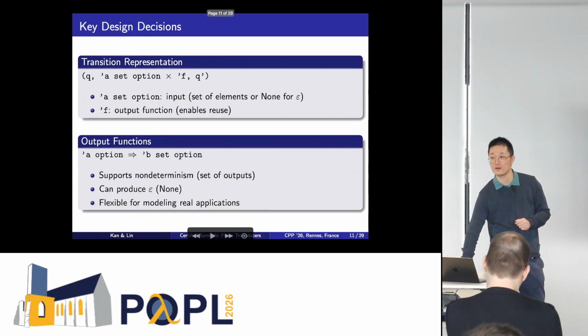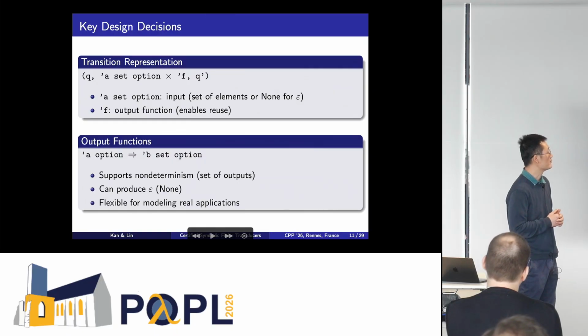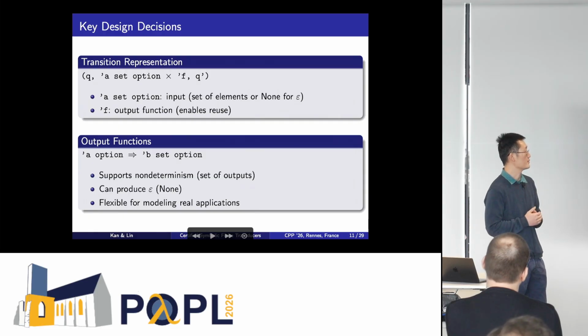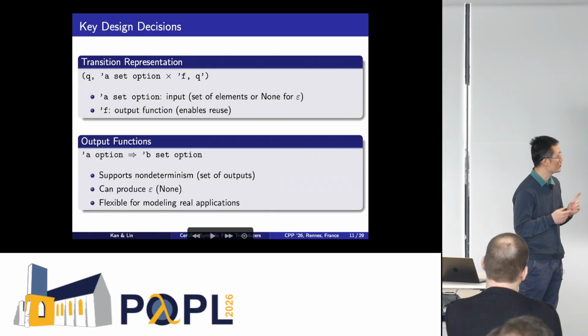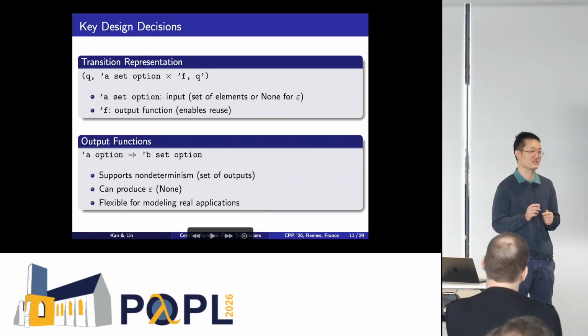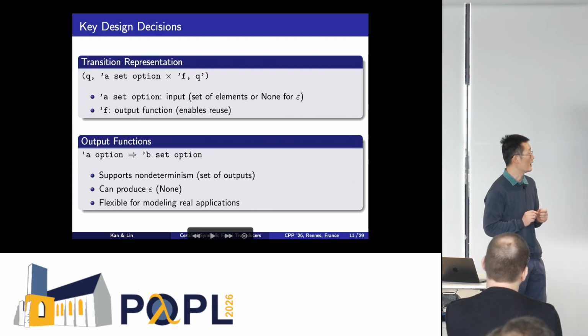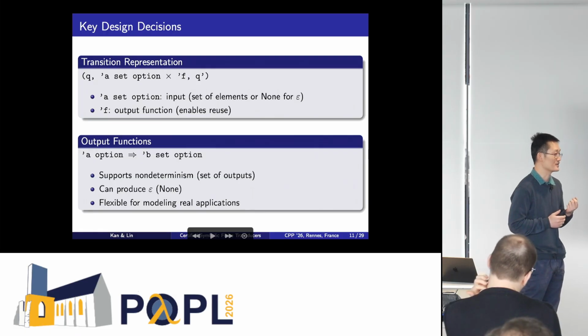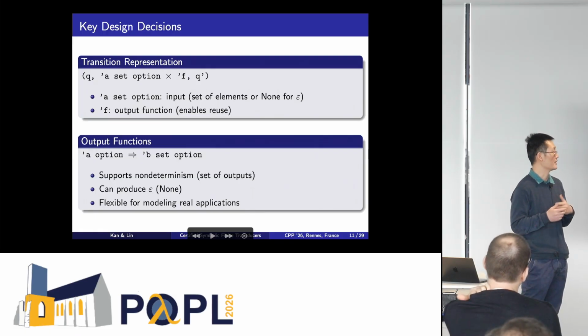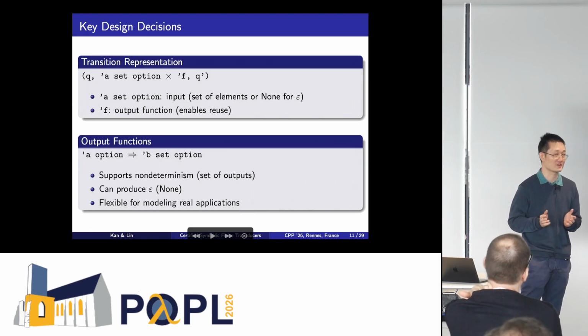And in Isabelle, we model it using Isabelle symbols like here. We have Q and Q prime as two states for the transition from Q to Q prime. And we also have the transition label with two parts. The first one is a set option, and the other one, f prime, is the function.